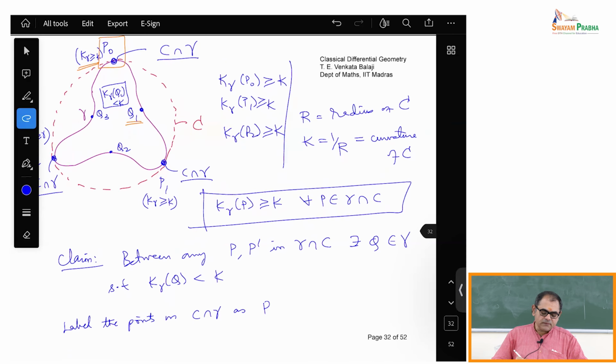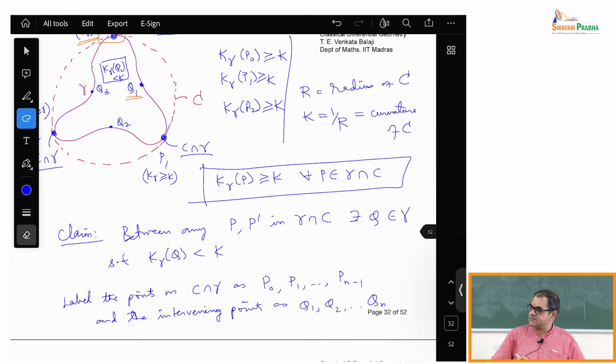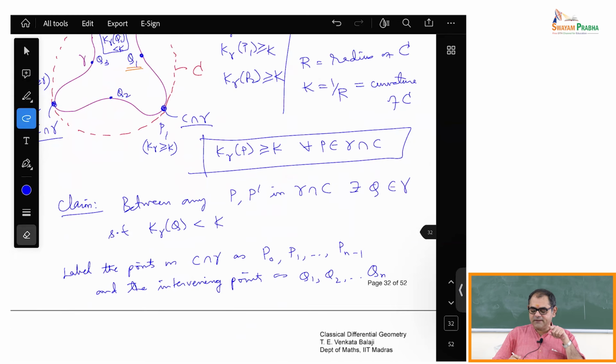That's bad. All right, so let me stick to it. P0, P1, etc., Pn minus 1, okay, and the intervening points as this, okay. Clearly between every Pi and Qi plus 1 there is a vertex.